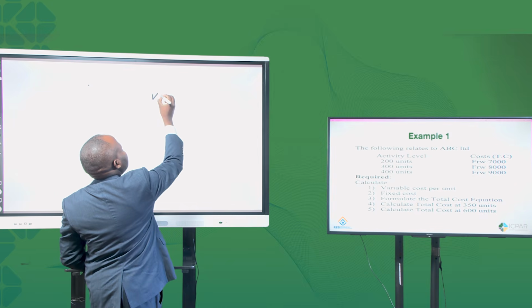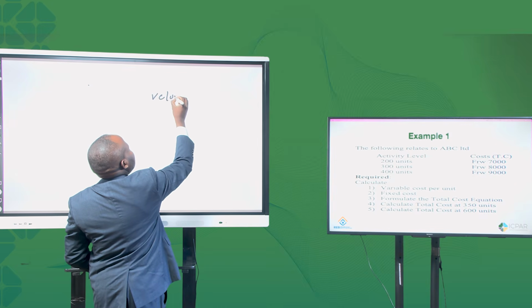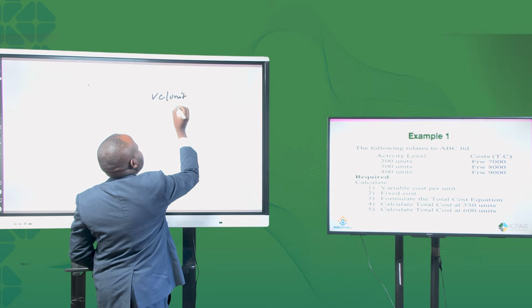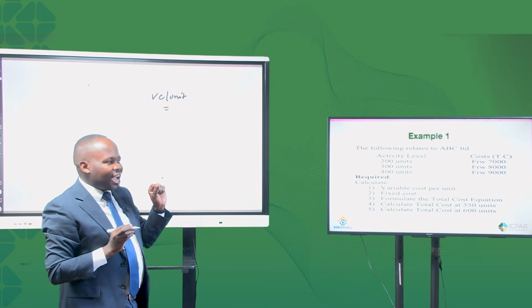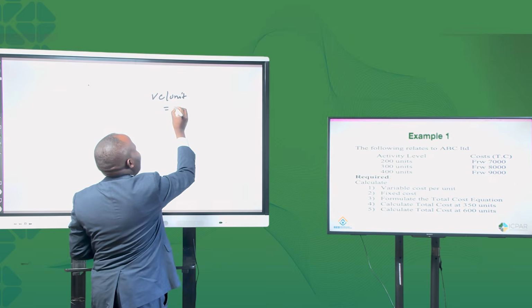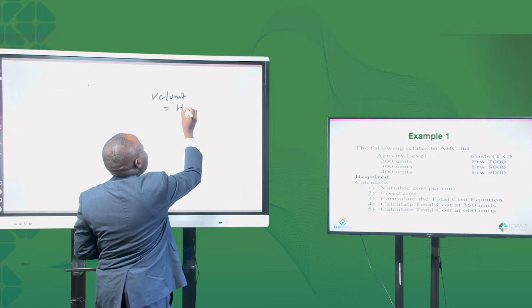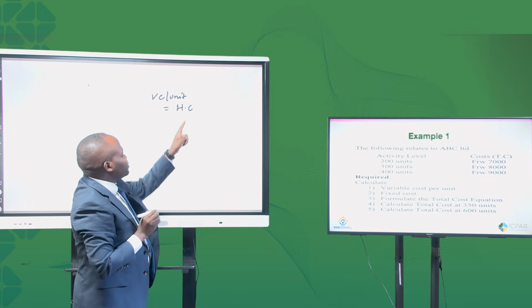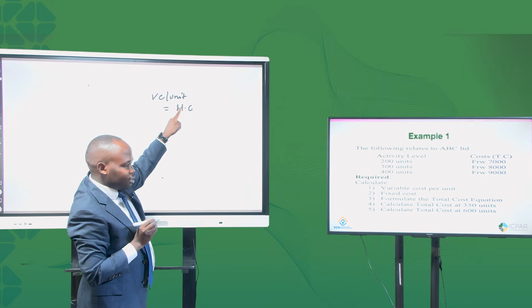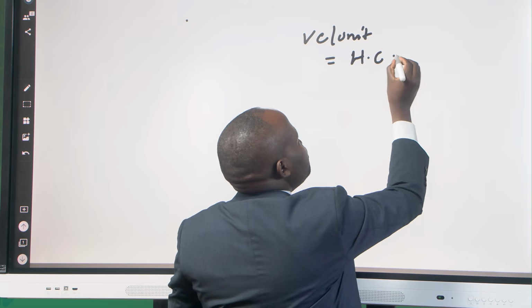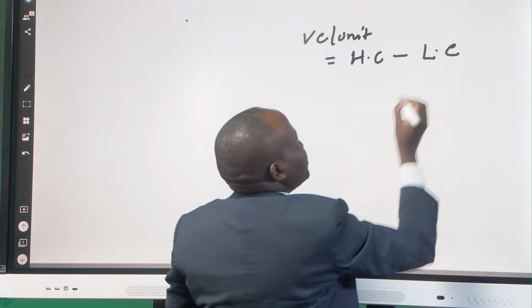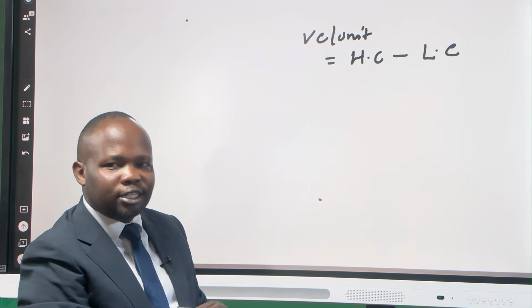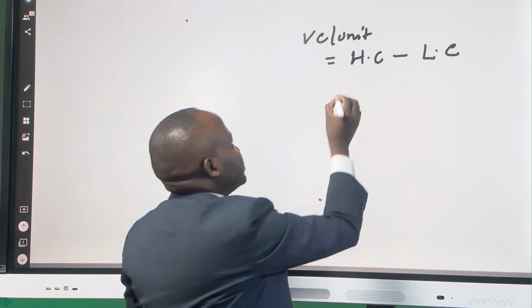So when you want to find the variable cost per unit, the formula to use is cost at the highest activity. I'll abbreviate it with highest cost, but this represents cost of the highest activity, minus cost of the lowest activity. I'll call it lowest cost.